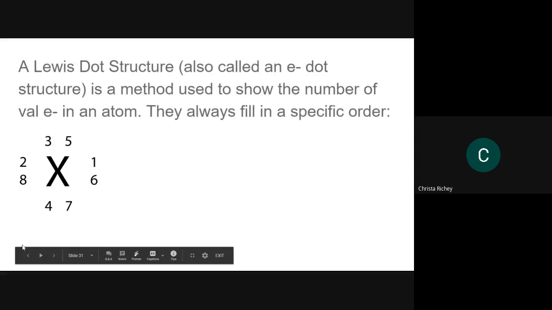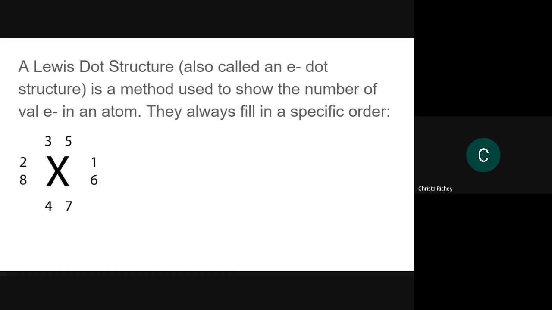Now this guy, Lewis dot structures, or Lewis dot diagrams, I've heard it said both ways. There's a specific way we put electrons around the symbol. It is not a circle. It's almost like draw a box, and you put the dots on the sides of the box.